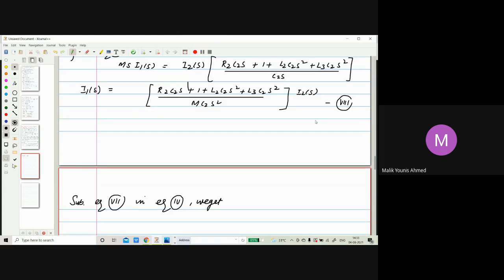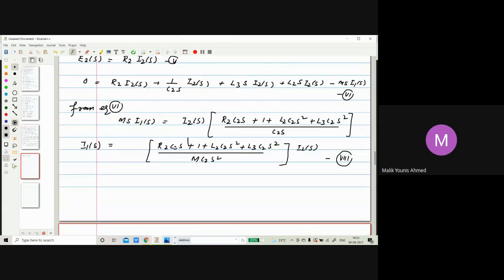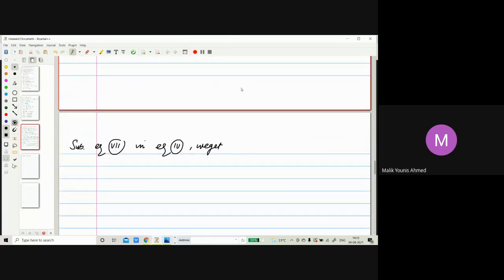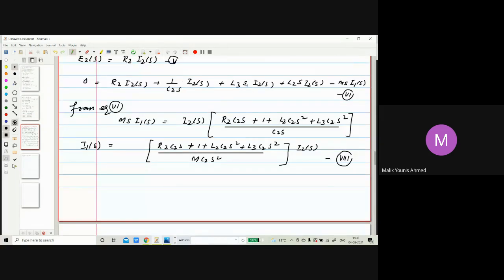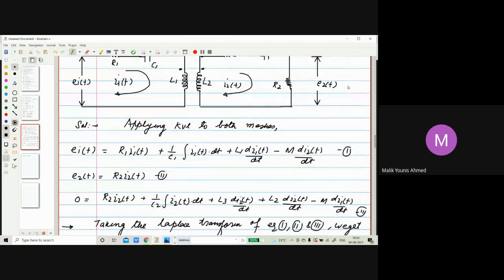See, this is equation number 7. This is plus here, by mistake it says 1. No, this should be 7. Why have I written 8? This is equation number 7. Now substitute this equation number 7 in equation number 4. Why? Let's have a look.